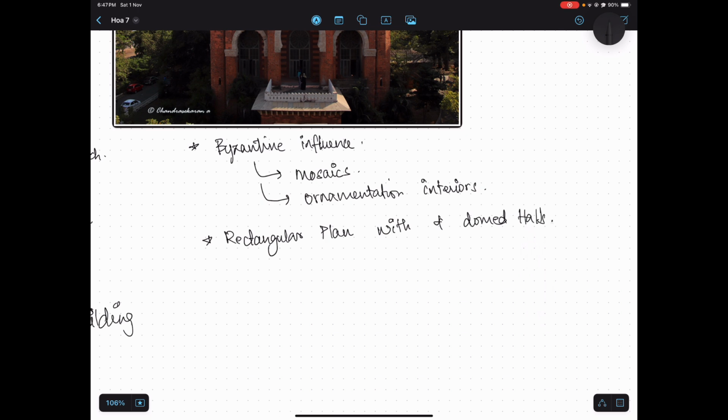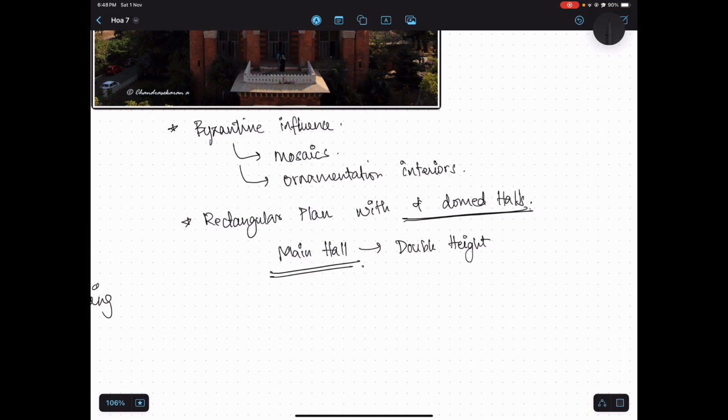And the main hall, which is the convocation hall, has a double height with the grand dome above it, and all the domes are ribbed and ornamented.